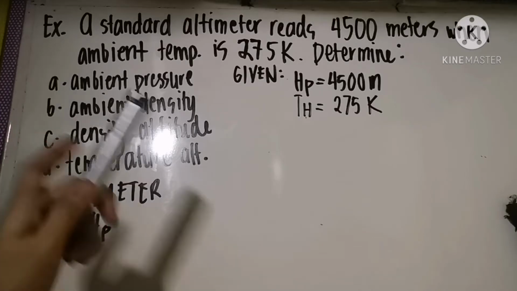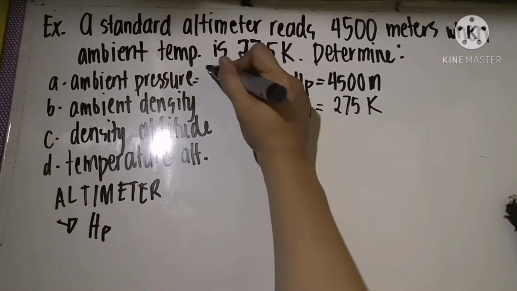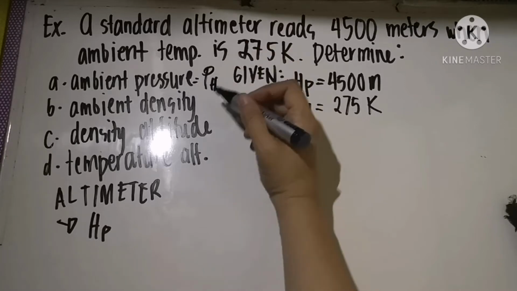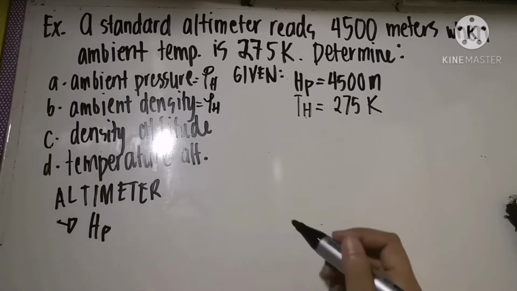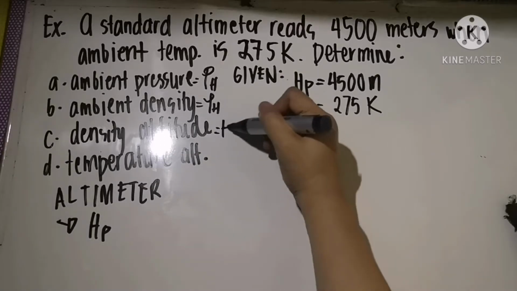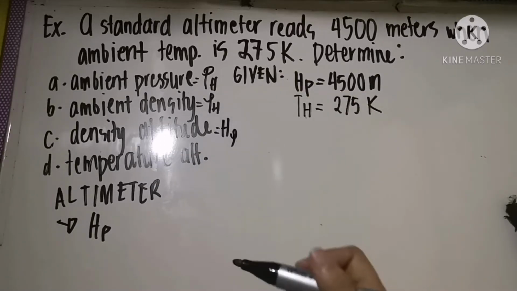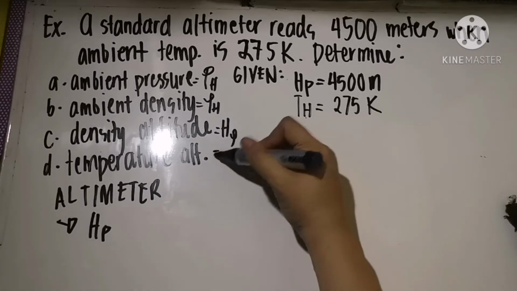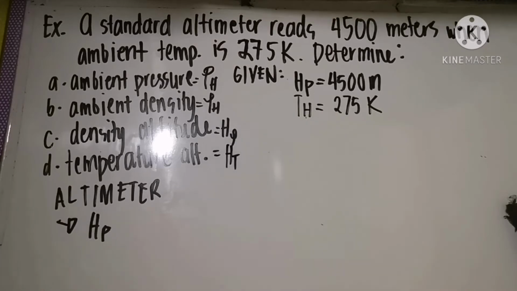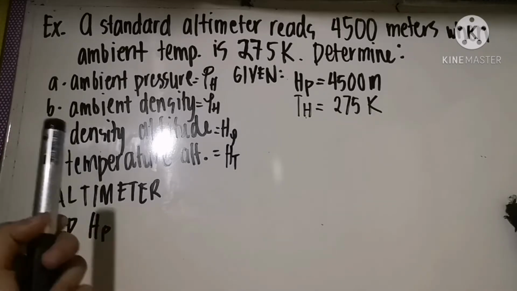First is yung ambient pressure or PH. Next is ambient density or rho H. Next is density altitude or H subscript rho. And last is temperature altitude, or H subscript T.